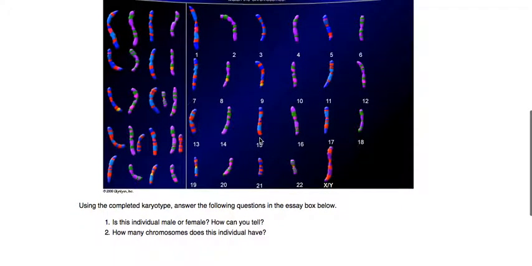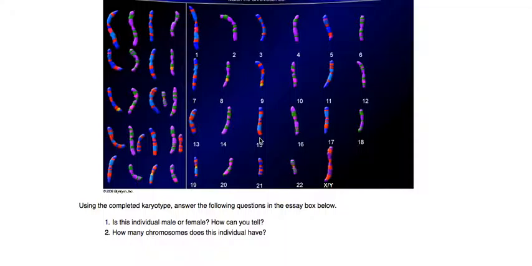So then you have two simple questions to answer after you complete the activity. Is the individual a male or a female? And tell me how you know that based on the information that you've assimilated from the lesson. And then secondly, how many chromosomes does the individual have? You can give me the number based on pairs of chromosomes or individual numbers of chromosomes.